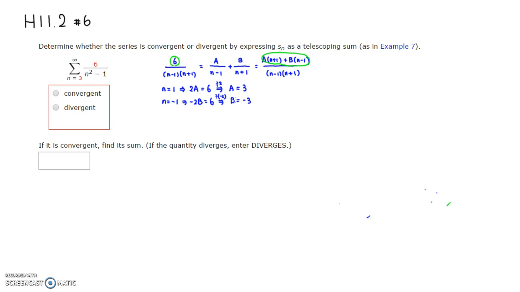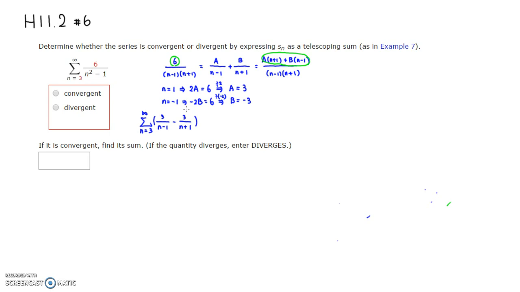Then we can rewrite this as a summation, n starts from 3 to infinity, of 3 over n minus 1 minus 3 over n plus 1.